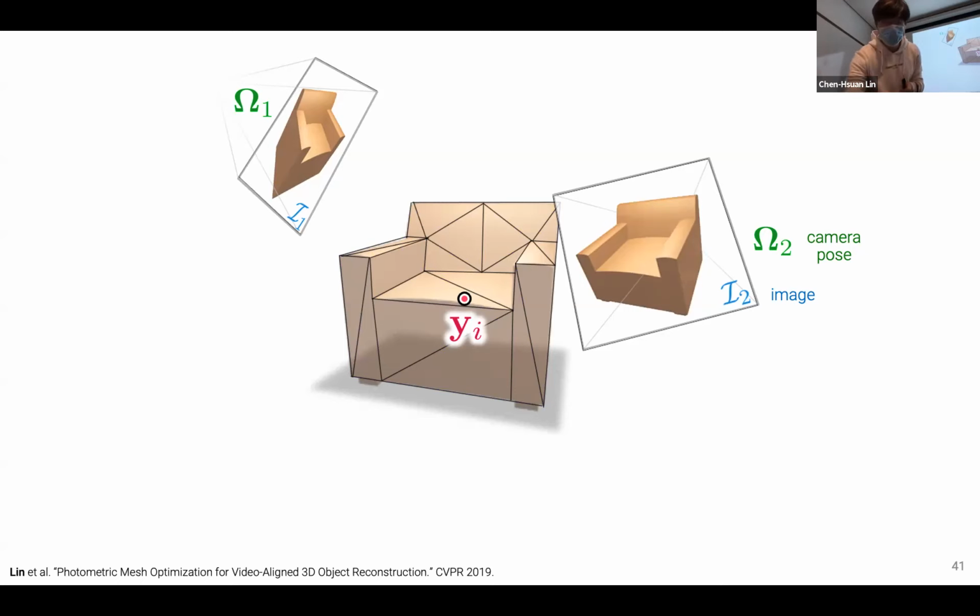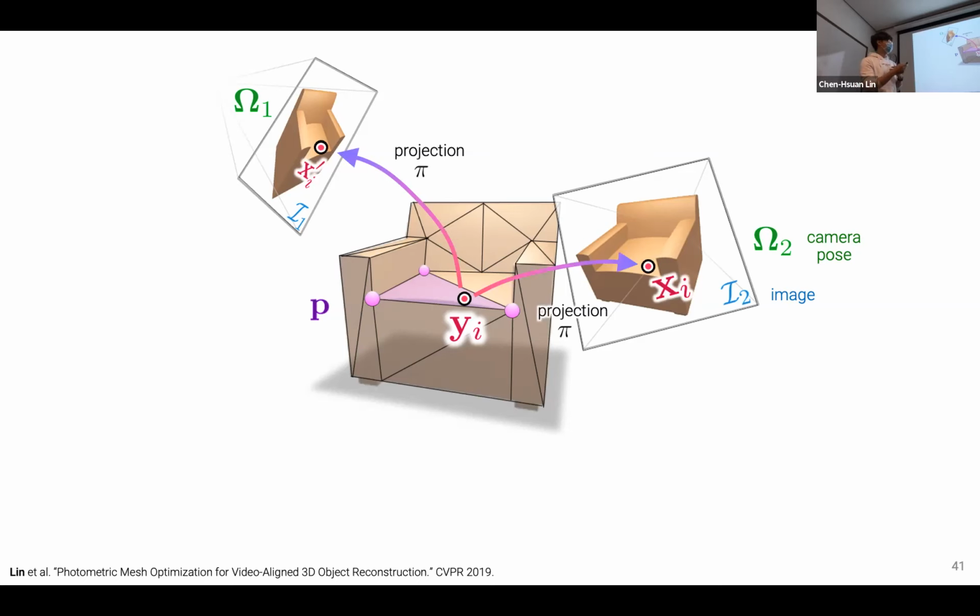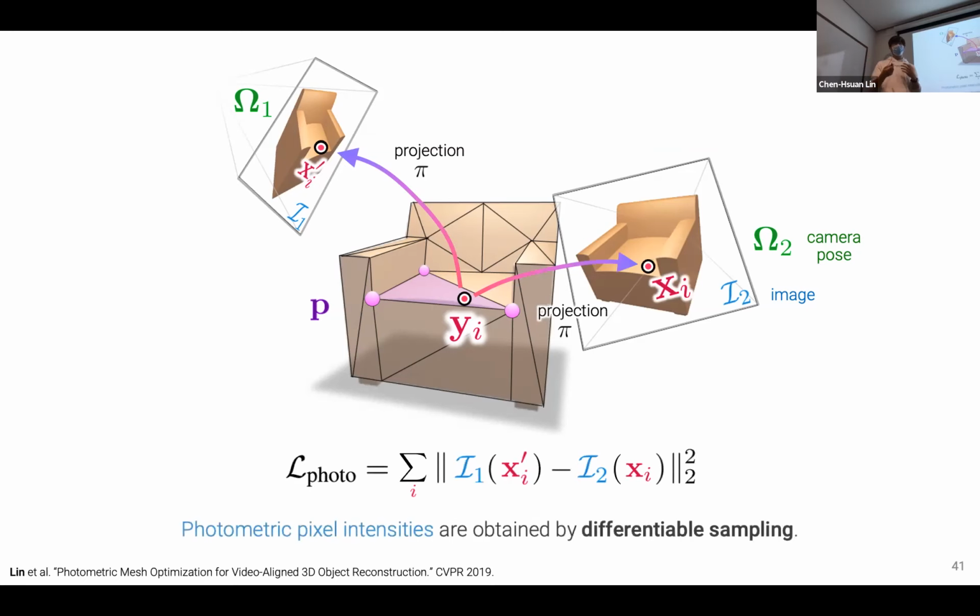We write the mesh vertices as P here. We can project this point Y to the image plane, which we call X, and then compare the photometric differences at the sample point. We use this as a loss function that compares the different sample points across different image frames. This can be obtained by differentiable sampling, and it is naturally differentiable.